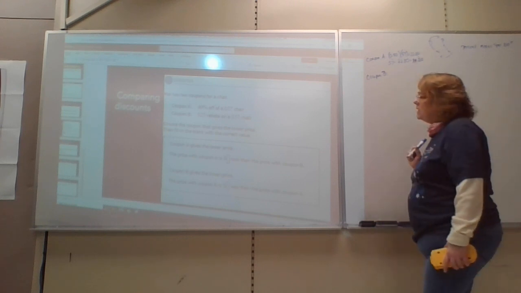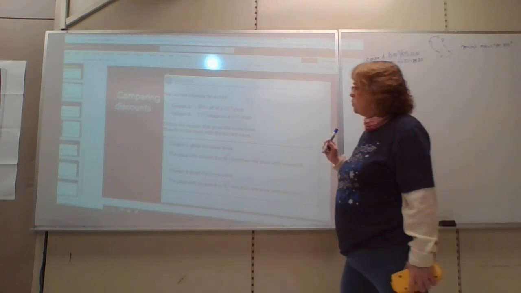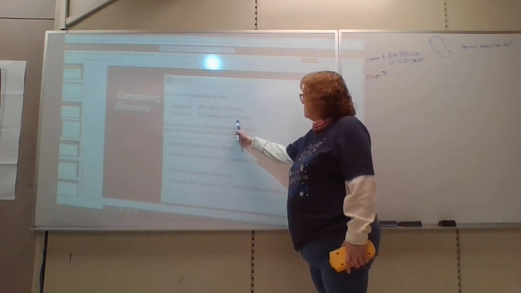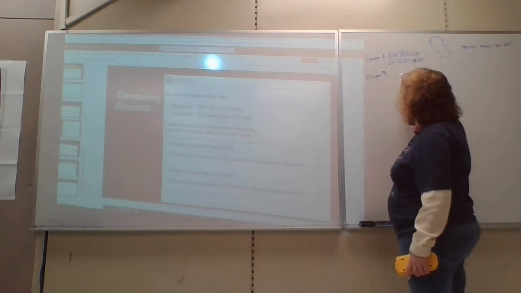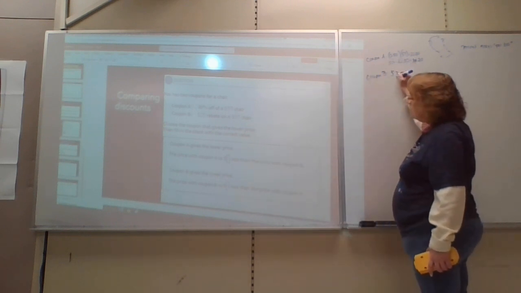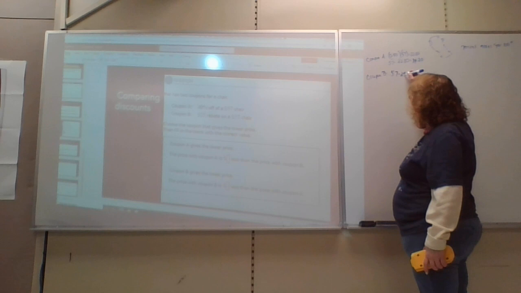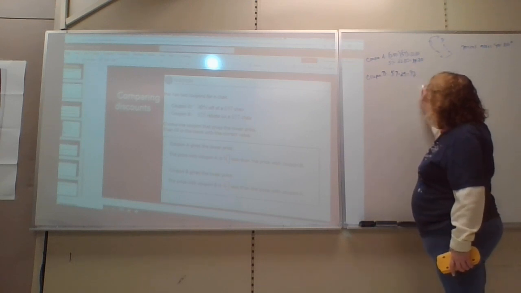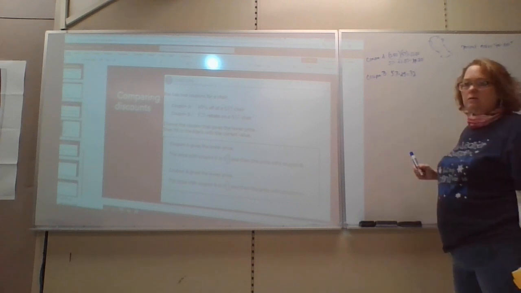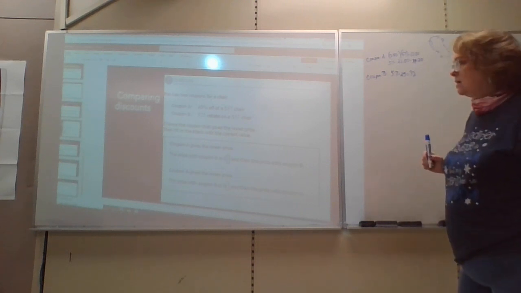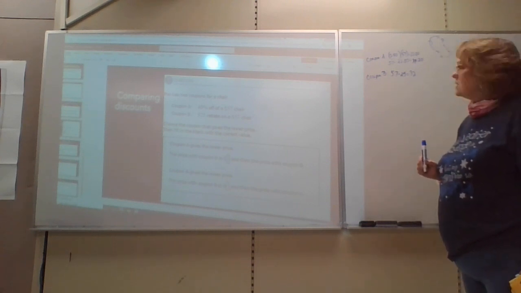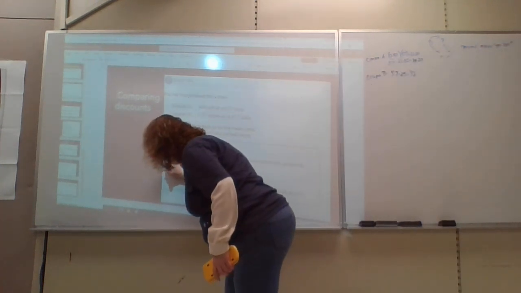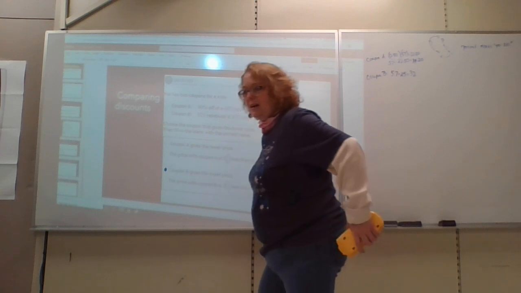Now let's do coupon B. Coupon B says $25 rebate on 57. So we take 57 minus 25, and that gives me 32. Okay, looking at these two, which one gives the lower price? B. So you come over here and you click it and you color it in, like that.